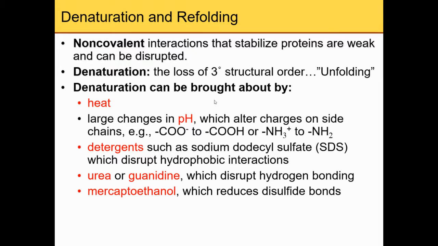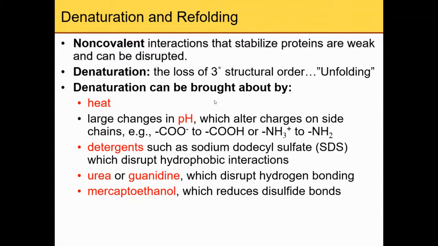To denature the protein, you can use heat, or you change the pH. These physical changes of the environment can disrupt those non-covalent interactions.